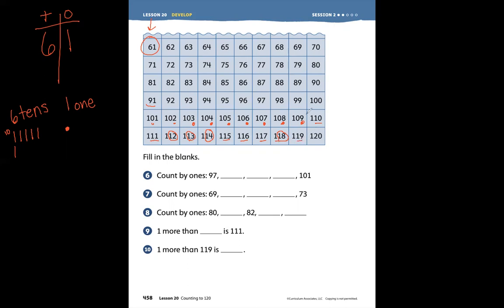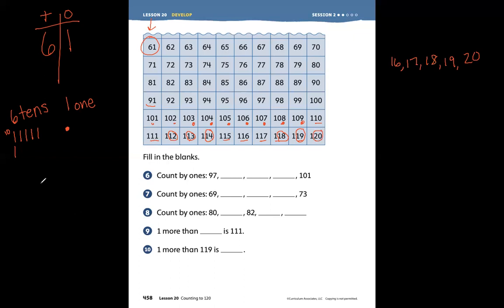What comes after 19? 16, 17, 18, 19, 20. What comes after 19? The number 20. So 120.